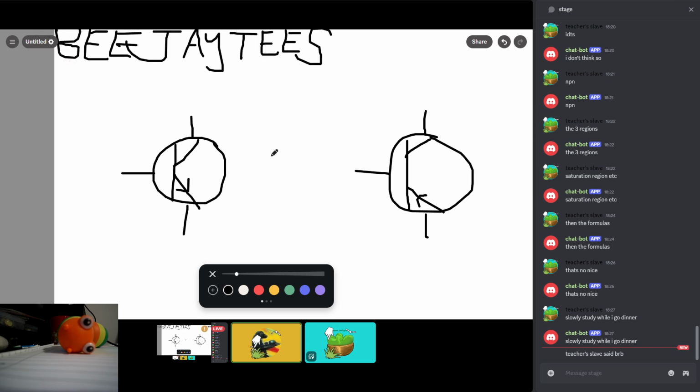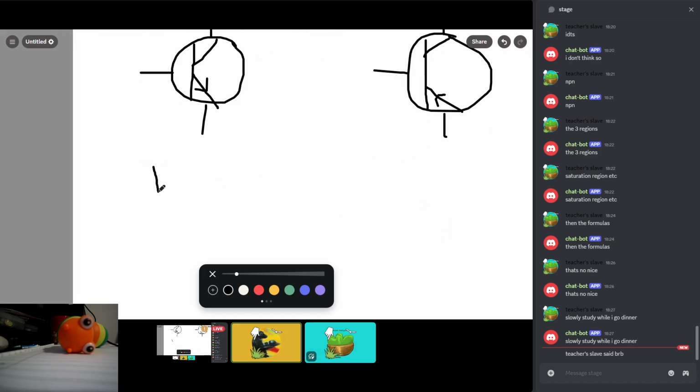Like so. And actually, you need to know how the configuration of these BJTs looks. So for NPN, it looks like this. If you don't know what I'm talking about right now, go and watch the video on diodes, and then it'll make sense.